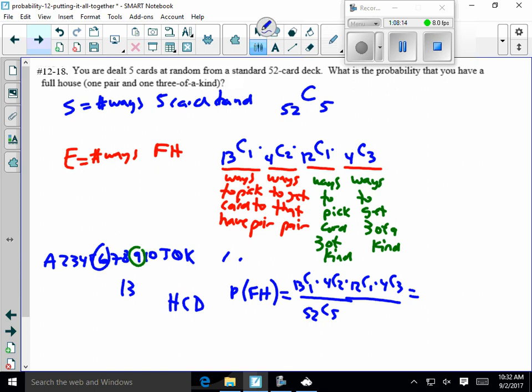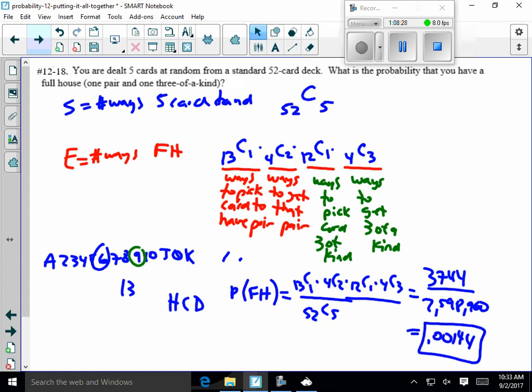When you multiply that all out, it turns out to be 3,744 full houses out of 2,598,965 card hands, and the probability is 0.00144. So very, very low probability indeed of getting a full house, which is why it's worth so much in the game of poker. Okay?